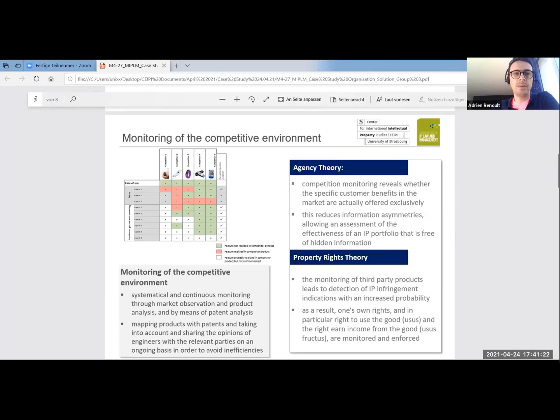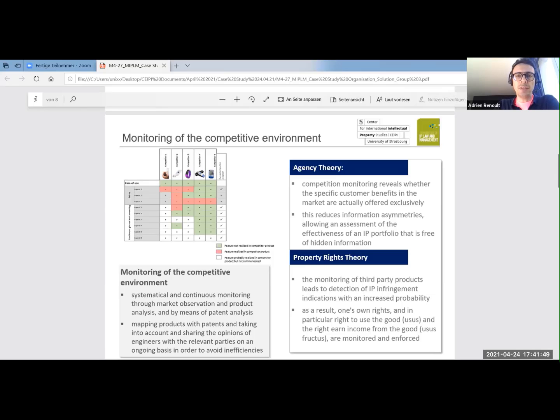You can realize this using the matrix on the top left of the slide. You can add whether this feature is realized or not, or if it's probably realized. And you can also analyze whether there is a patent in your own IP portfolio that protects this feature or this customer benefit.